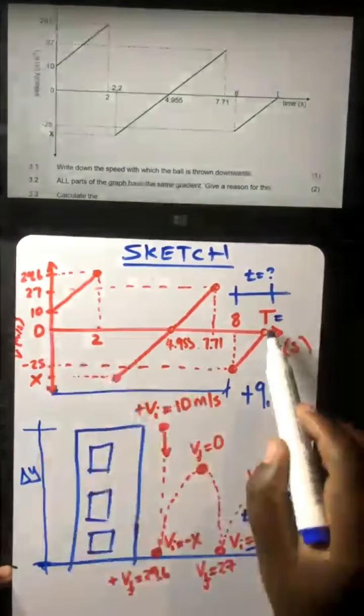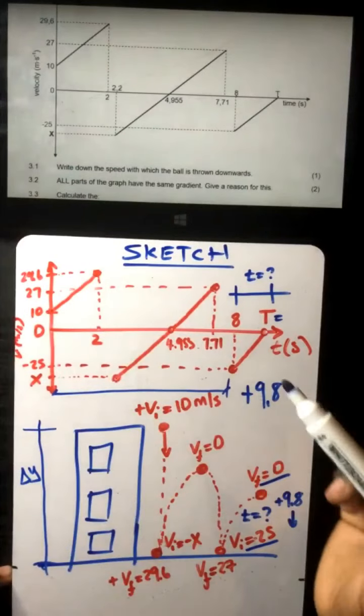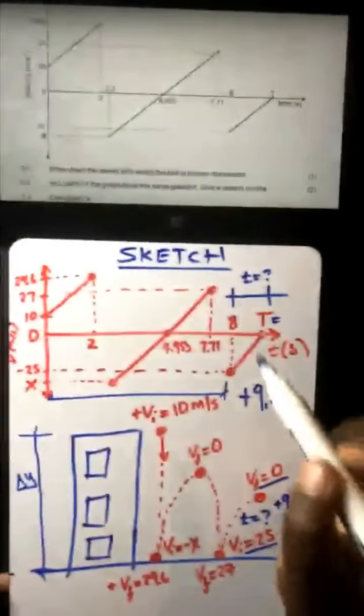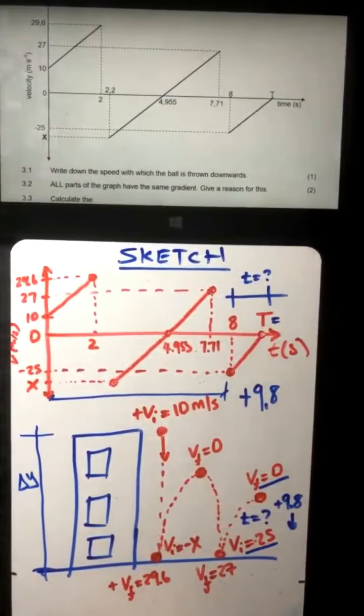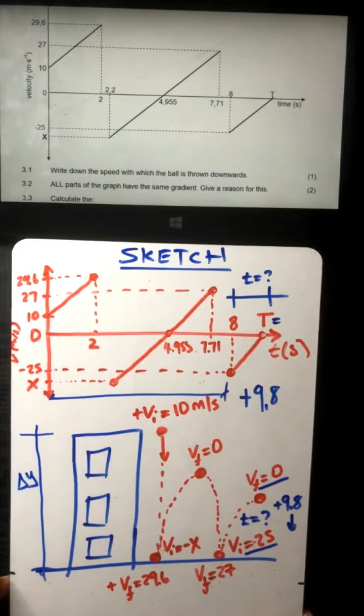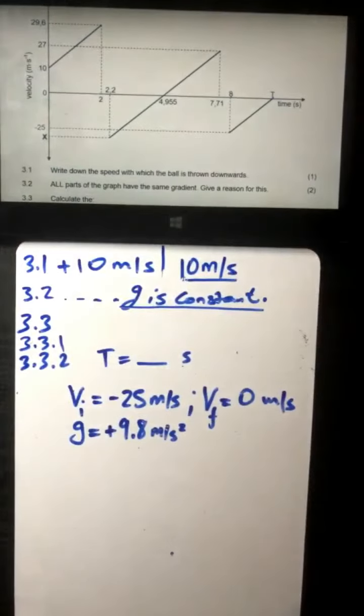From there to there, it has to be a bigger time, bigger than 2 seconds. Guys, I need someone to unmute their mic and say they don't understand. Or otherwise, if it makes sense, please indicate that you understand what I'm trying to explain.